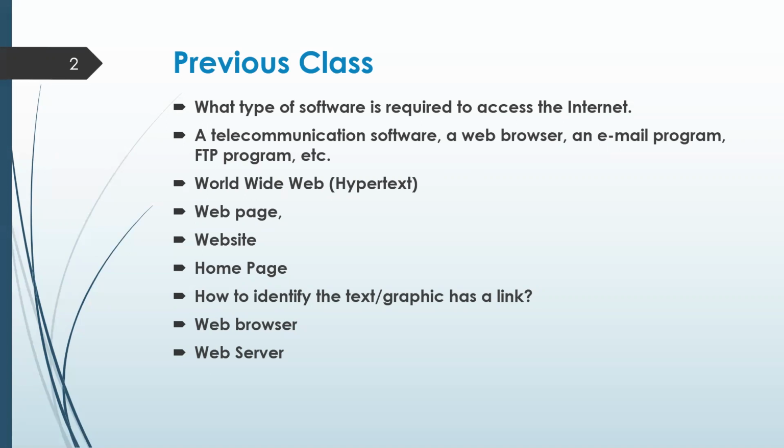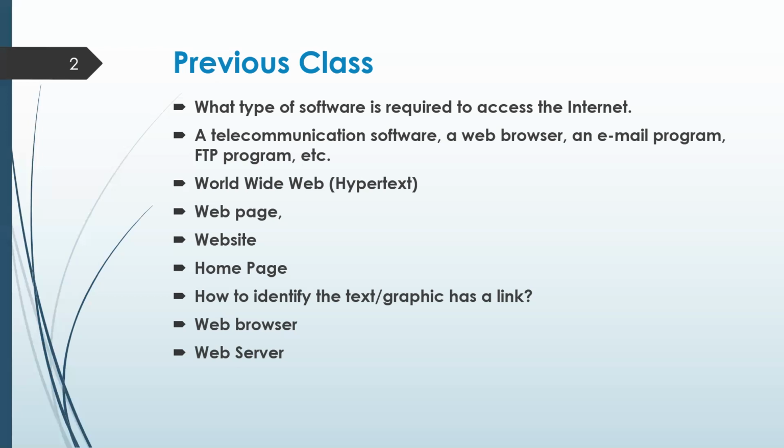World Wide Web and hypertext we have completed, web page, website, home page. What is a web page? Already we have completed. The website is the place or area from where we are surfing or accessing. The home page is the first page which is displayed on the screen of the web browser.